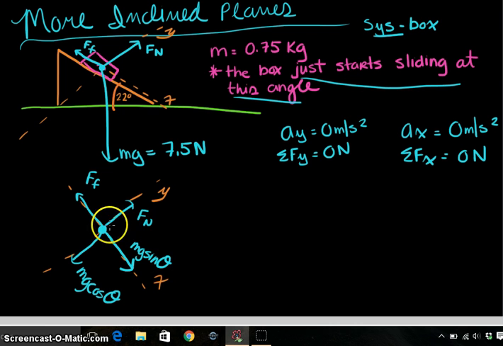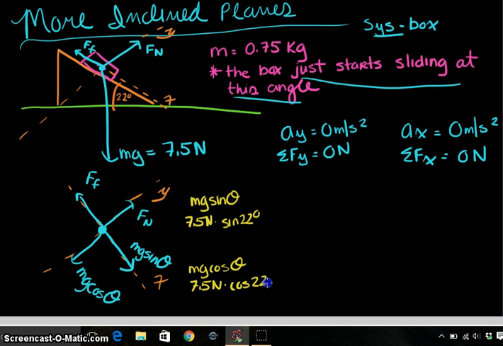I can find mg sine theta because that would simply be 7.5 newtons times the sine of 22 degrees. And I can also find mg cosine theta. This would be 7.5 newtons times the cosine of 22 degrees.